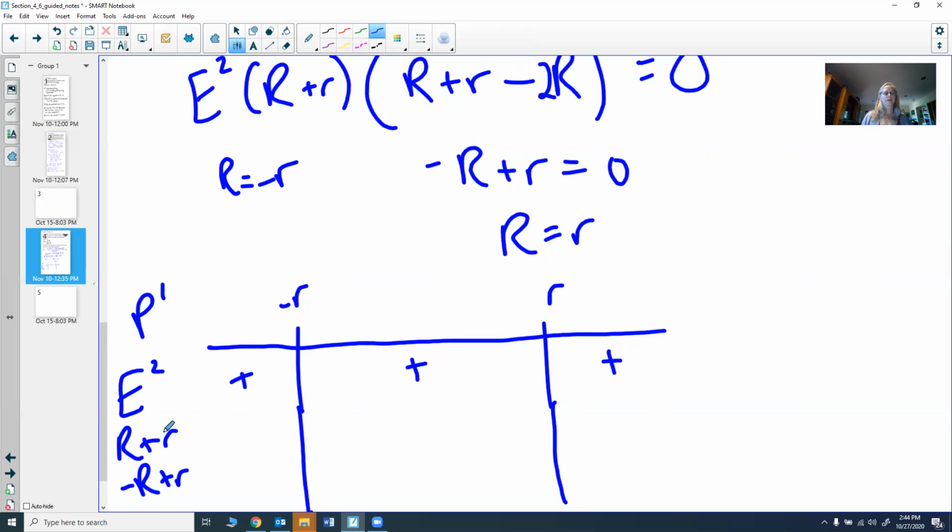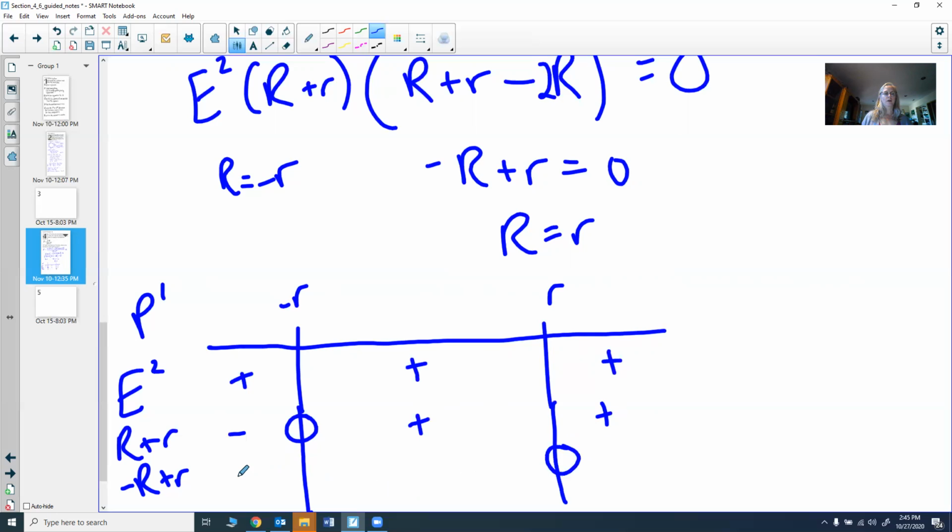You have big R plus little r. That was 0 at negative r. If your number is less than negative r, like negative 2r, negative 2r will give you a negative number. If you're bigger than negative r, like r, you're going to get a positive number. Negative big R plus little r was 0 at just little r.